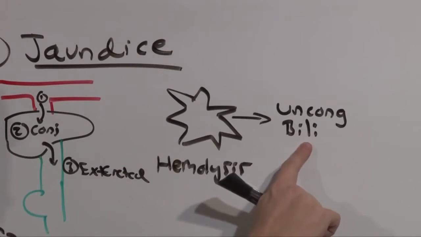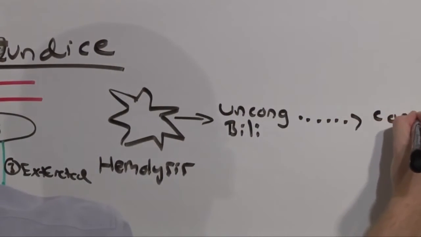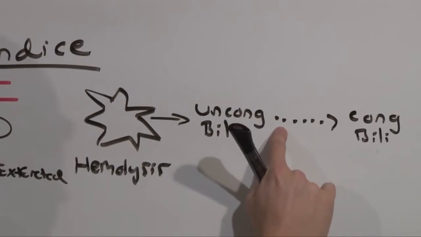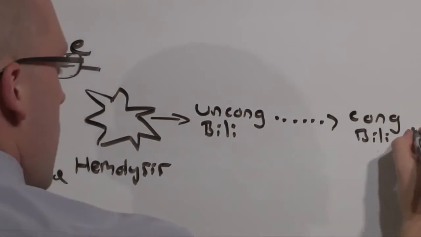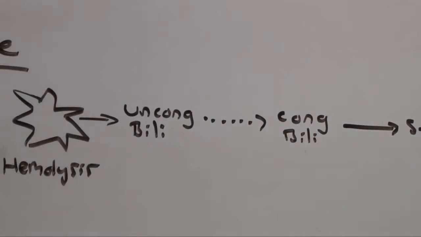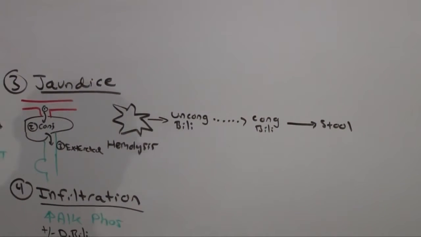Unconjugated bilirubin becomes conjugated as the rate-limiting step within the liver. And then that conjugated bilirubin is sent and excreted in the stool. Follow along with this now as we go through this process.